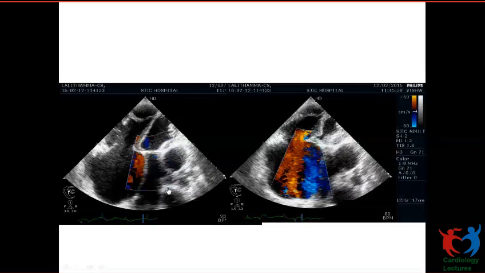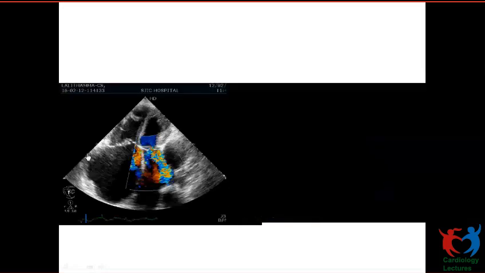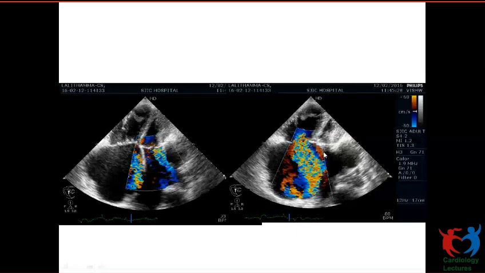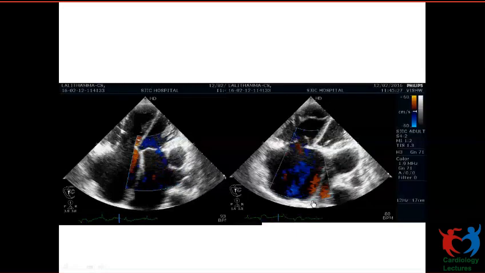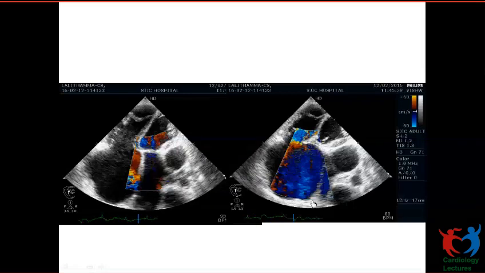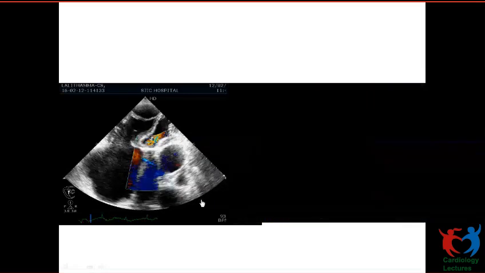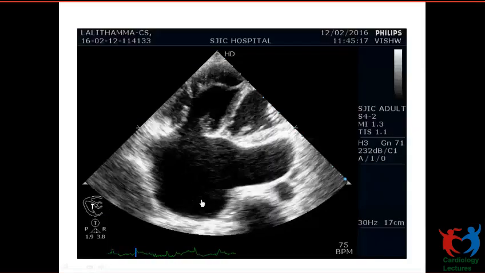What's happening? So there is some MR, severe TR, IAS is bulging towards the LA, right? RA dilated. Okay, now this will give you the answer.